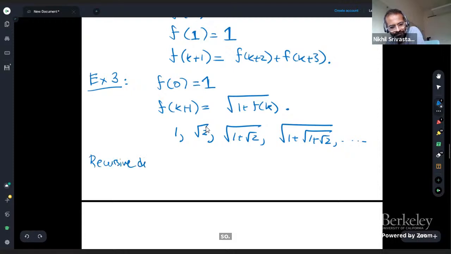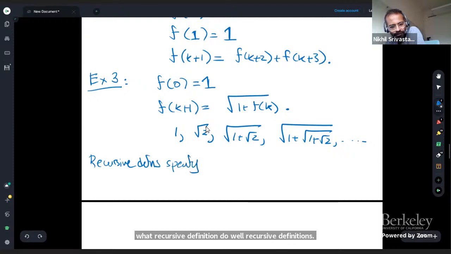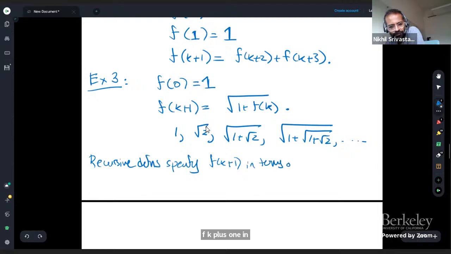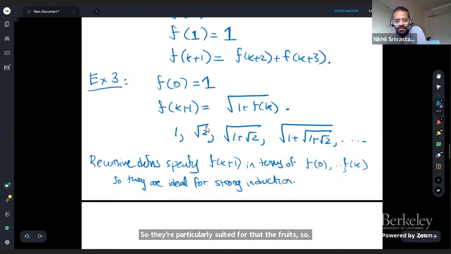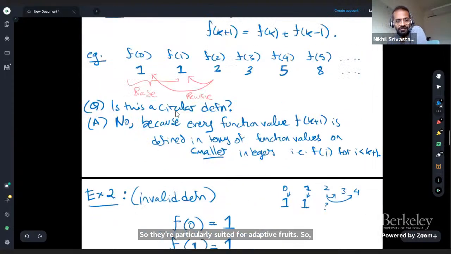Well, recursive definitions specify f of k plus 1 in terms of the previous values. So they're particularly suited for inductive proofs. So let me now prove an interesting statement about the Fibonacci numbers.